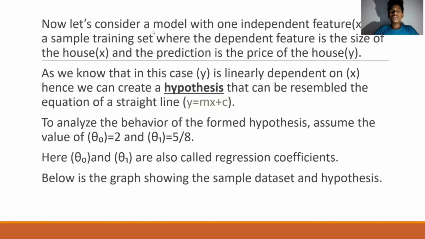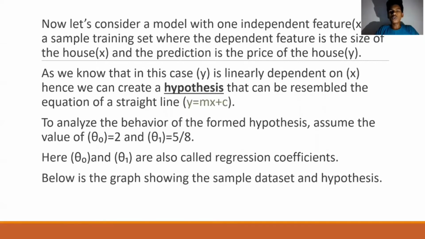Let's consider a model with one independent feature X and a sample training set where the dependent feature is the size of the house. We will take it as X and the prediction of the house price be Y. As we know that Y is linearly dependent on X, hence we can create a hypothesis.